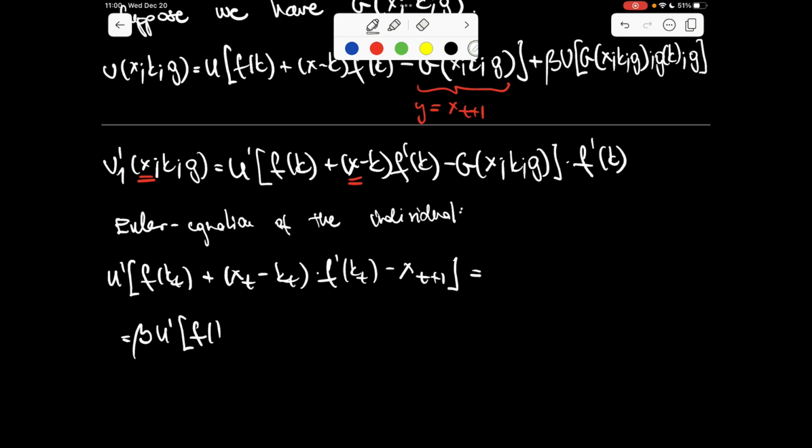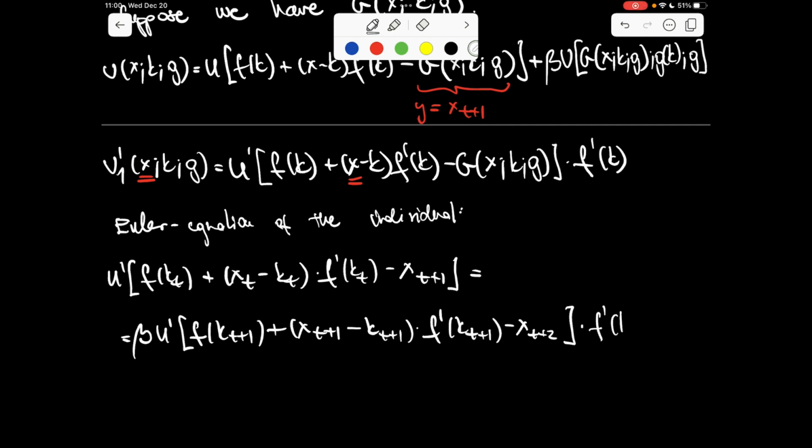I wouldn't say it's a method, it's just a trick, and it does no harm. If it's easier for you, just do what you think is comfortable. It doesn't compromise accuracy. So this is the Euler equation of the individual.